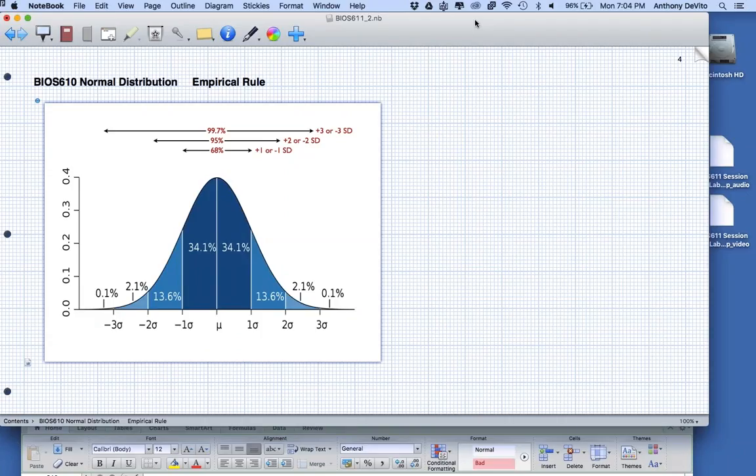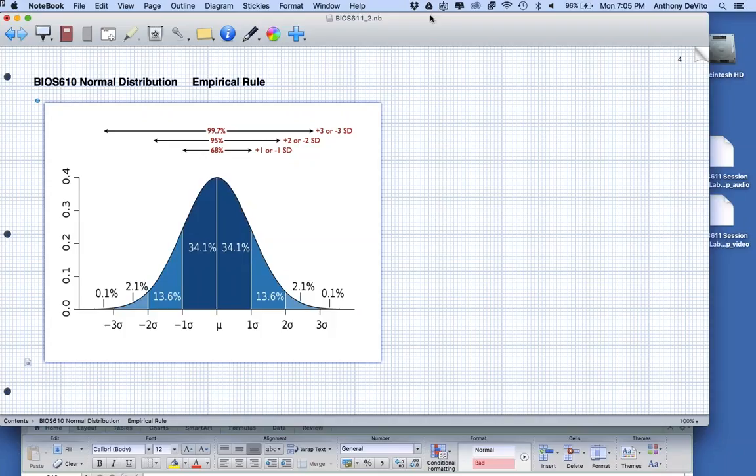Basically, for any true normal distribution, 68% of the values, probabilities, or people, are going to be between 1 standard deviation below the mean and 1 standard deviation above the mean. 95% of the values are going to be between 2 standard deviations below and 2 standard deviations above. And 99.7% is going to be between 3 standard deviations below and 3 standard deviations above.